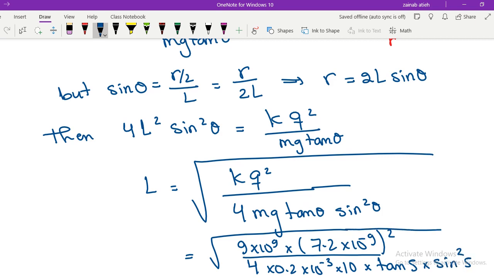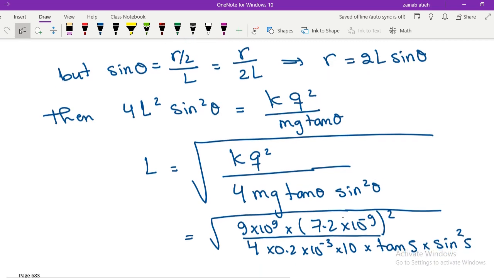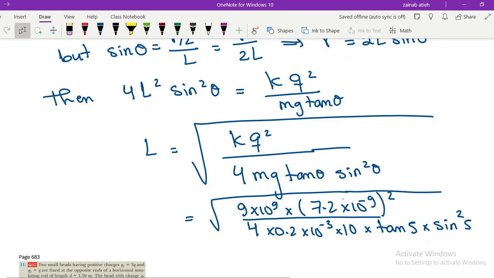So we calculate all of this and we get our answer. Our answer is 0.296, approximately 0.3 meter. This is for problem 10.